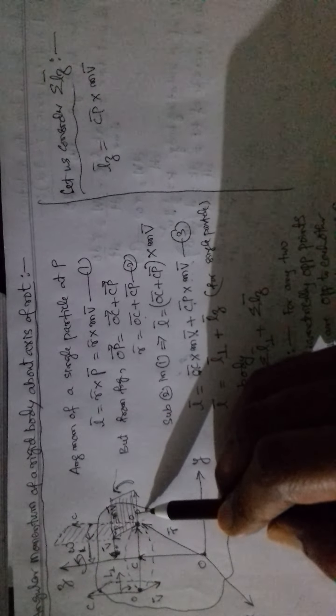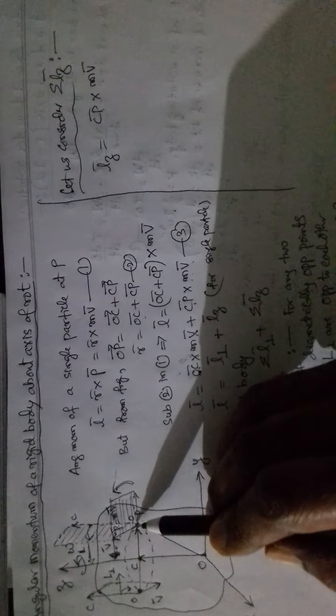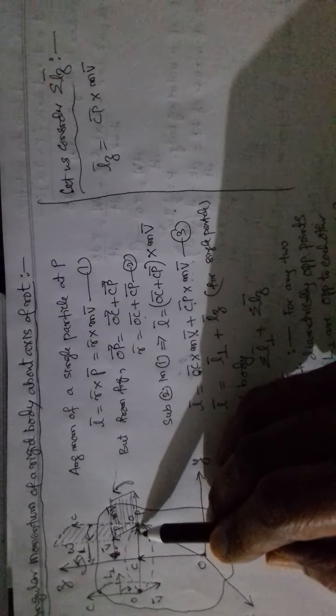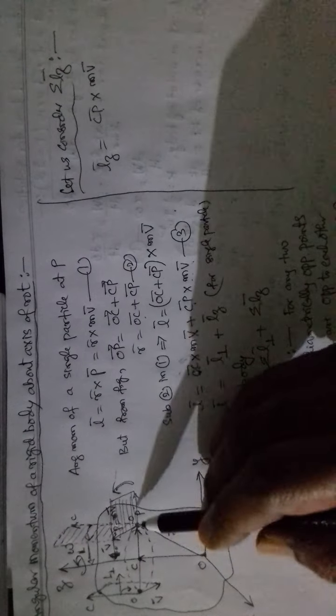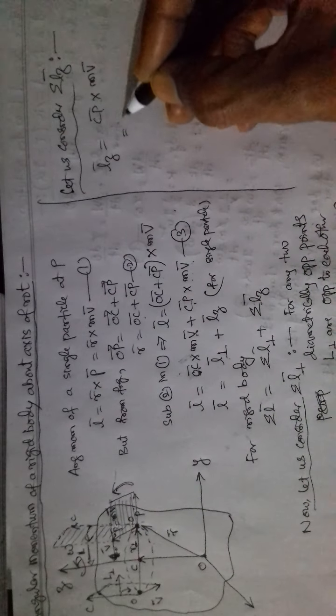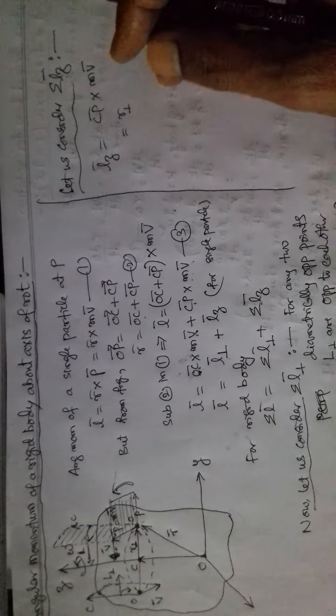See, our single particle is at point P, and Cp is nothing but the perpendicular distance of the particle from the axis of rotation. See, this is r perpendicular. Cp is nothing but r perpendicular.